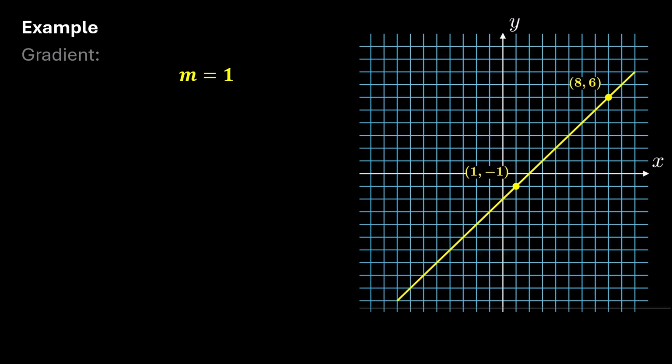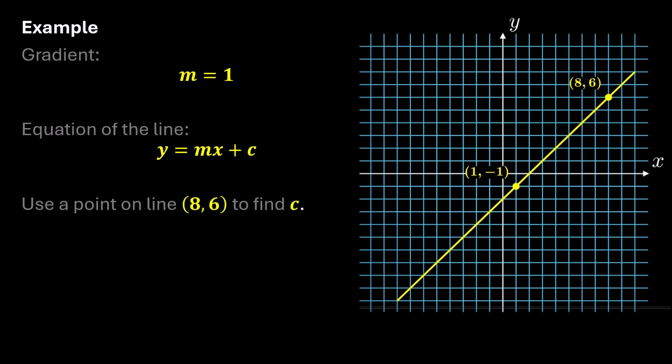We can use the value of the gradient, m equals 1, and the general equation of the line, y equals mx plus c, as well as a point on the line, and in our example we're going to use 8, 6, in order to find the value of c. So let's plug in the values into our general equation in order to find c.